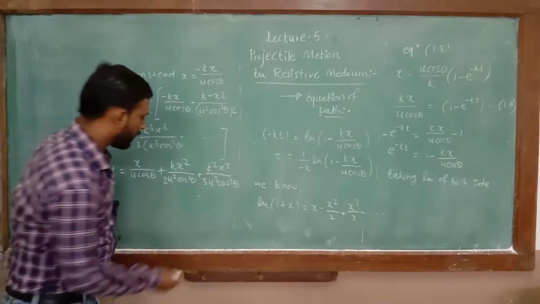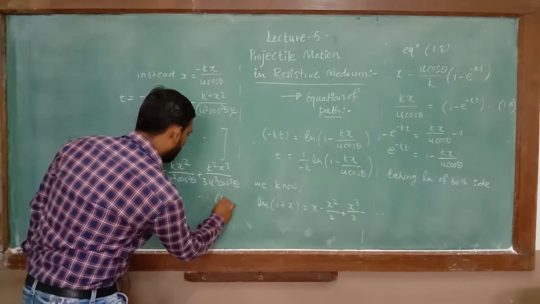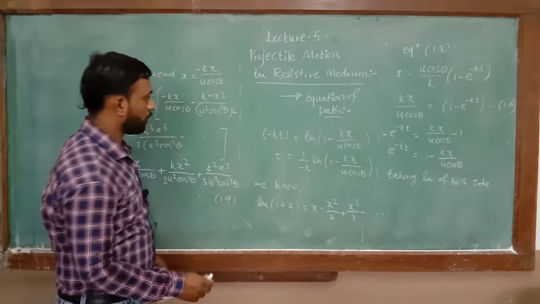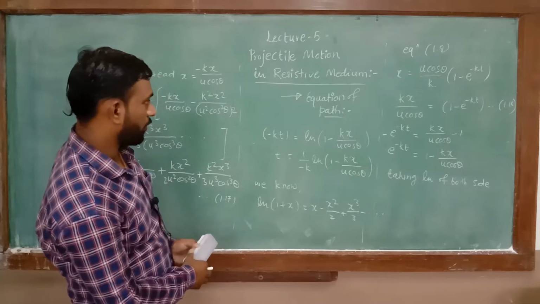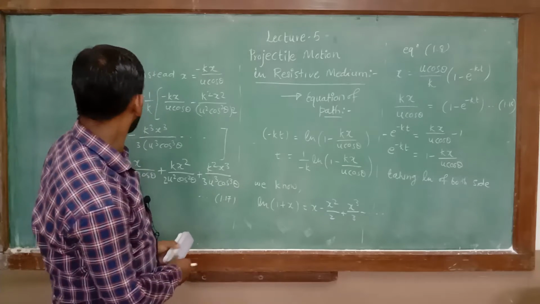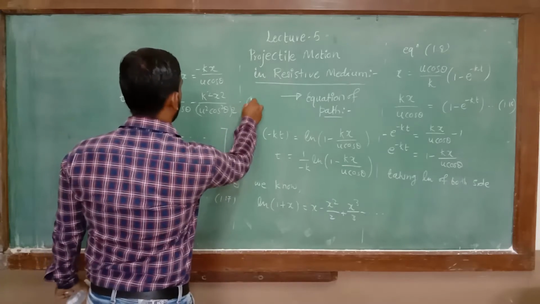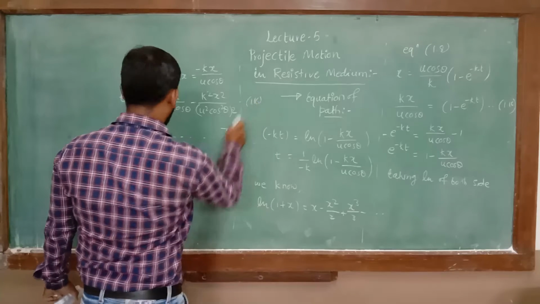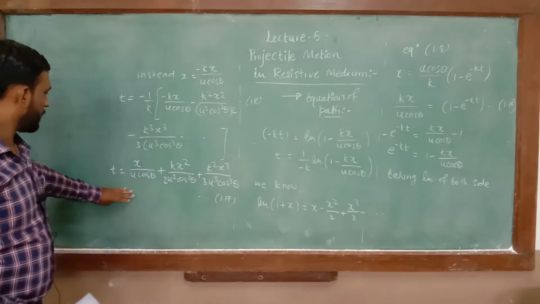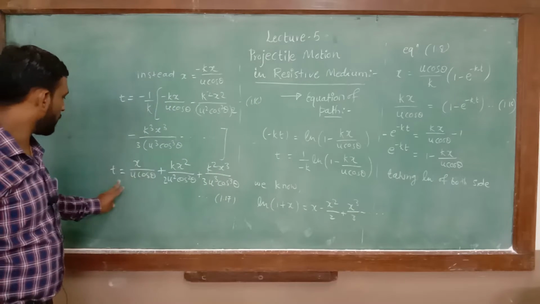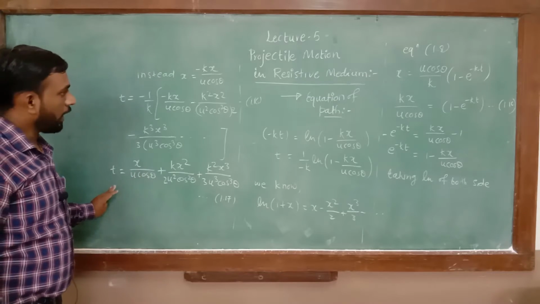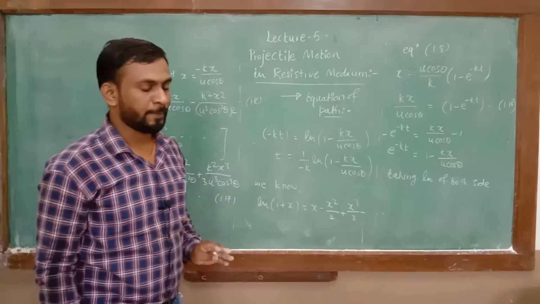So this is equation number 1.17. Okay, so the previous equation, what is the form of the equation? So this is equation number, let's say 1.16. Okay, so we have a form of the equation in terms of t with the known quantities u and theta, and we have equation number 1.16.